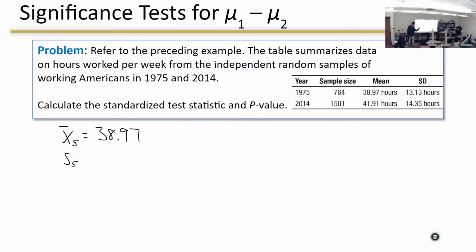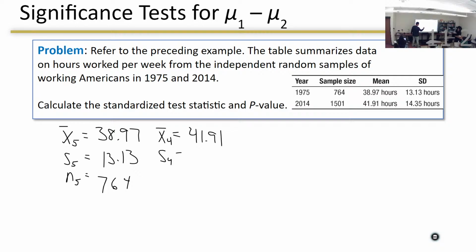S sub 5 equals 13.13. N sub 5 equals 764. X bar sub 4 equals 41.91.